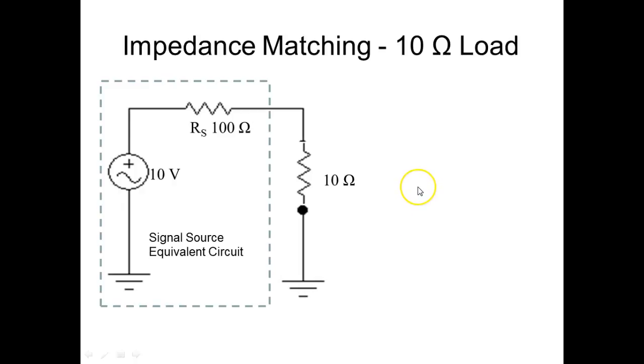What we like to use, and what's nice about it is you don't have to calculate current, is a formula called the voltage divider formula. Are y'all familiar with it? We use it in solid state all the time, because when we buy solid state devices, we're interested in the voltage at a certain point.